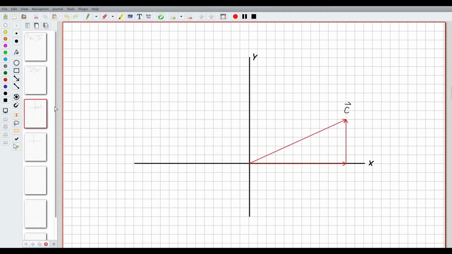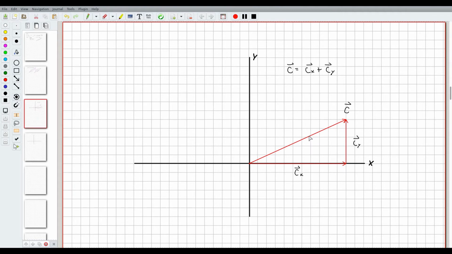So here, if we call this CX vector and this CY vector, then it must be true that the vector C is really just X plus Y. Now, the reason why we're limiting our motion here along the X and the Y direction is because what I'd like to do is to relate this back to trig.